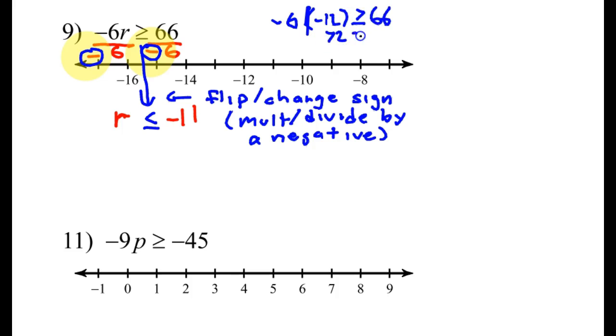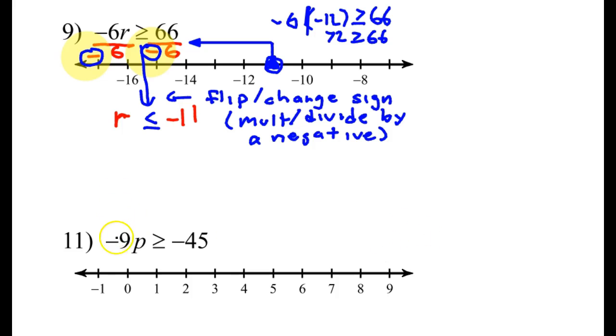So all the numbers that are less than -11 are the actual answers. So we're going to start at -11. Is it open or closed? Closed, yeah, up top. And you're going to the left.